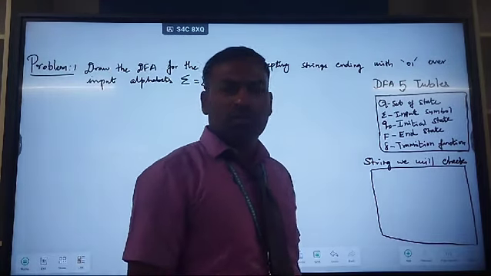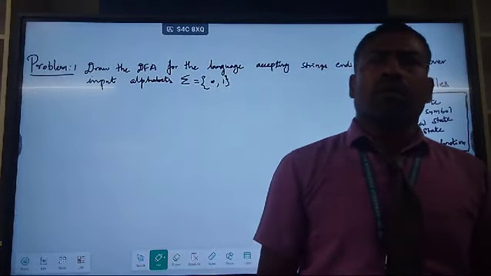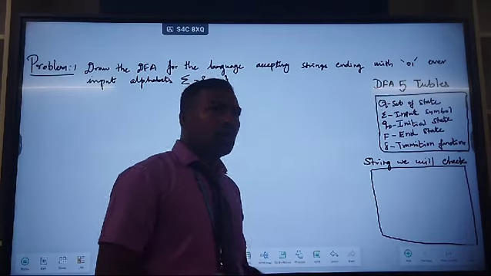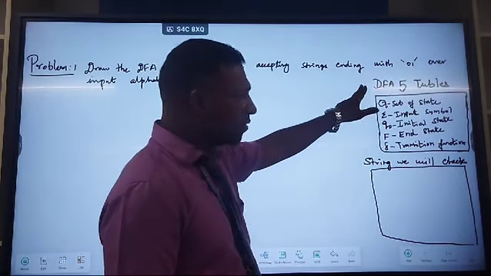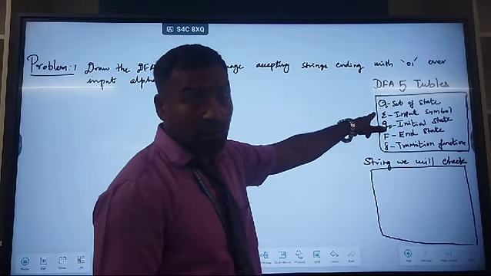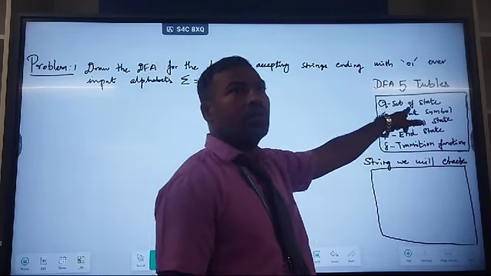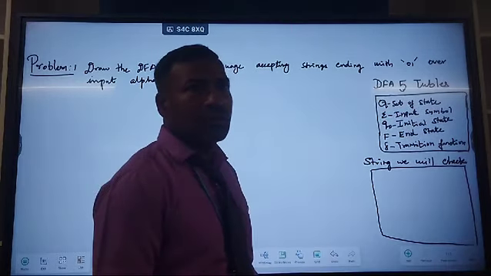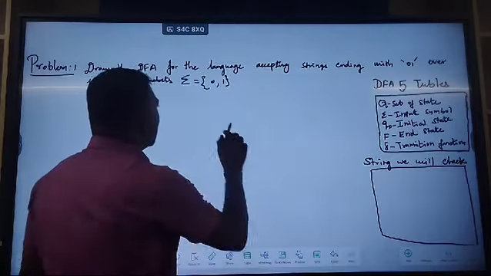So before we go to design the diagram, what are the 5 tuples? The Q, that is a finite set of states. So what is the current state in the particular DFA design, and Sigma, that is the input symbols.